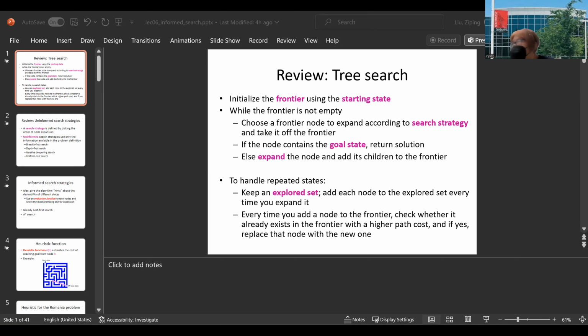So this is the start S, this is the goal. And here we have 32. This is the actual cost, this is the heuristic. And B is the actual plus the heuristic.